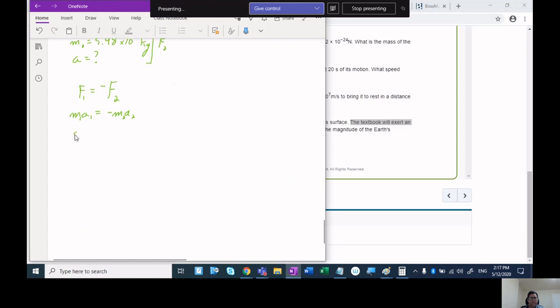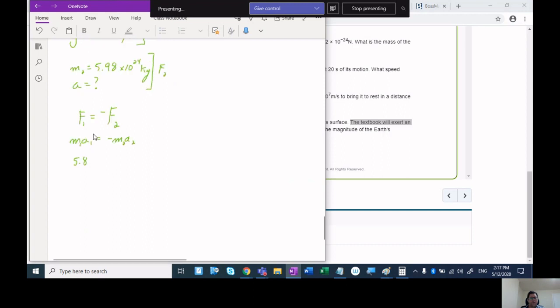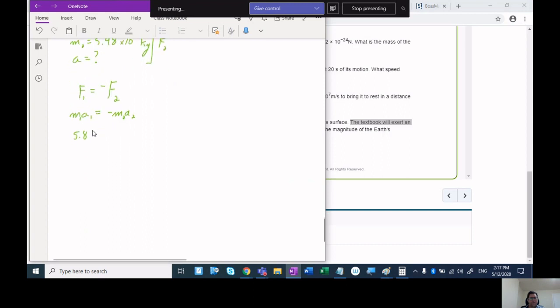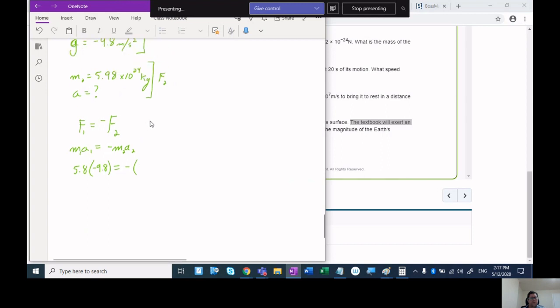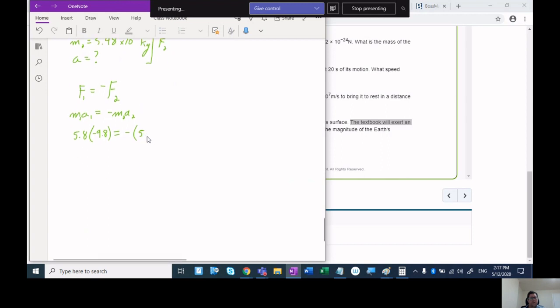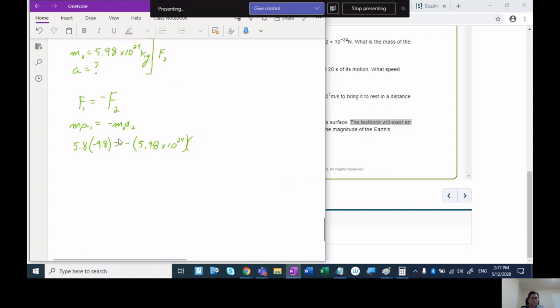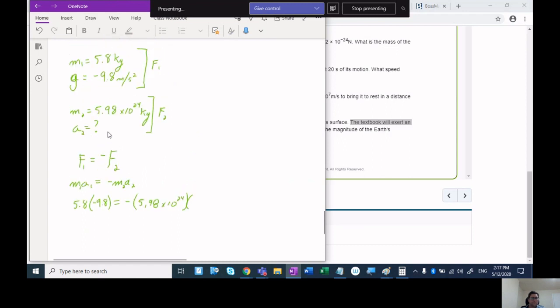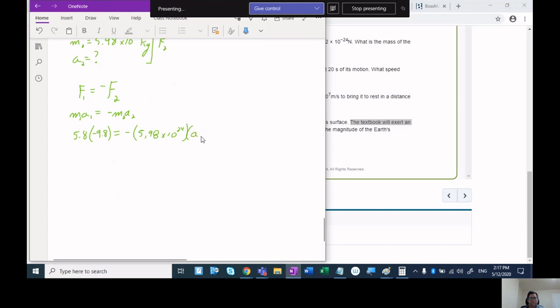5.8 times minus 9.8 is equal to minus this 5.98 times 10 to the 24, times A2. And it's just an equation, so let's solve it.